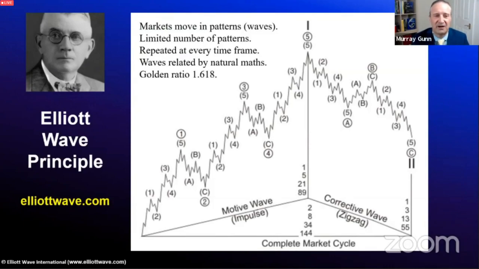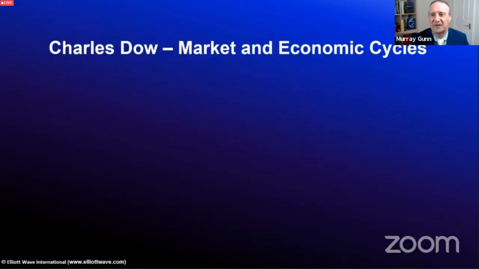Now, as I said, R.N. Elliott discovered the Elliott wave principle in the 1930s. Before that, we had Charles Dow writing about the markets in the late 1800s. He was a financial market journalist, very interested in market and economic cycles, and his writings became known as the Dow theory.